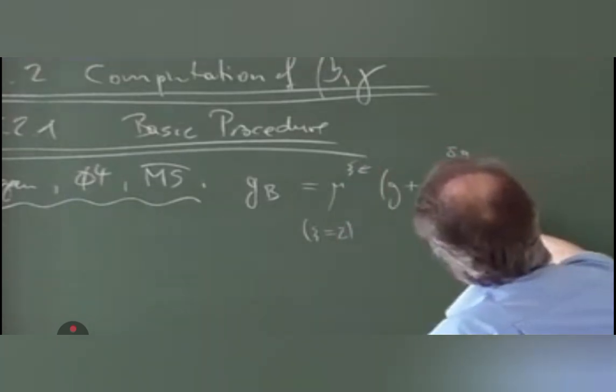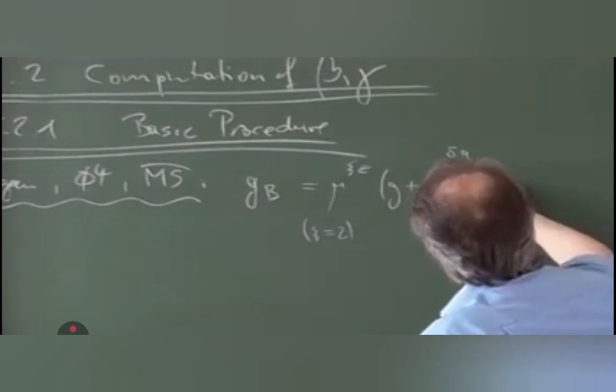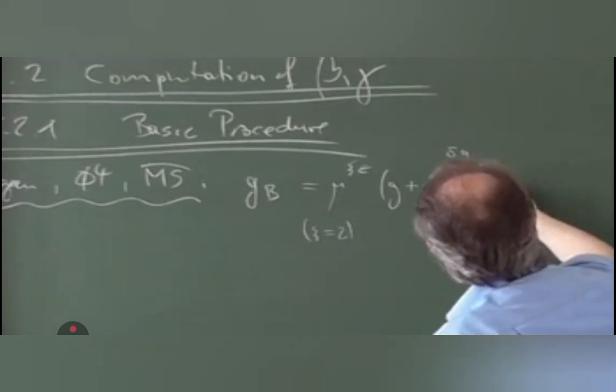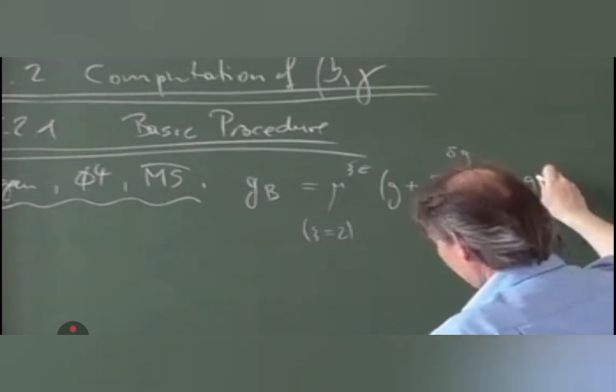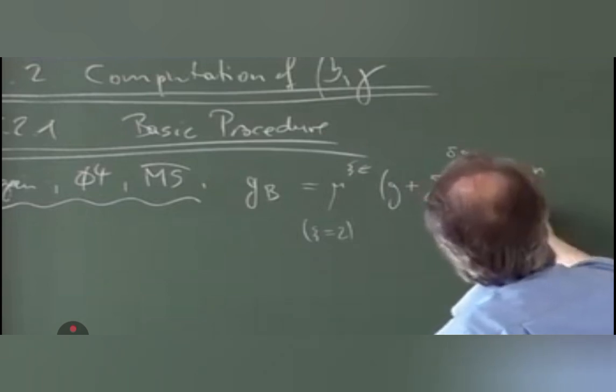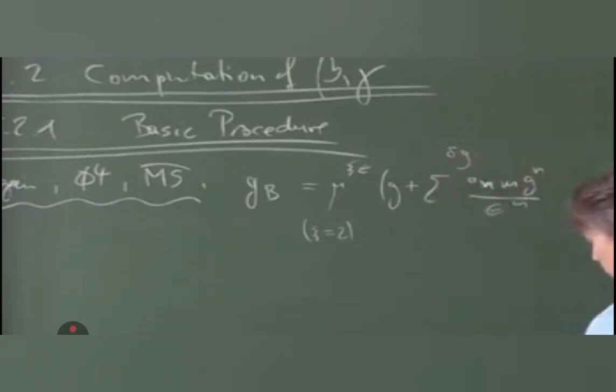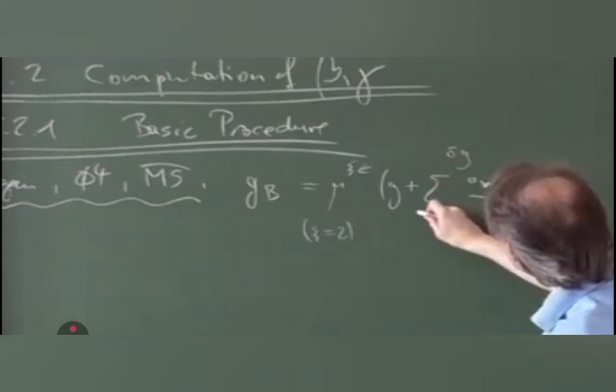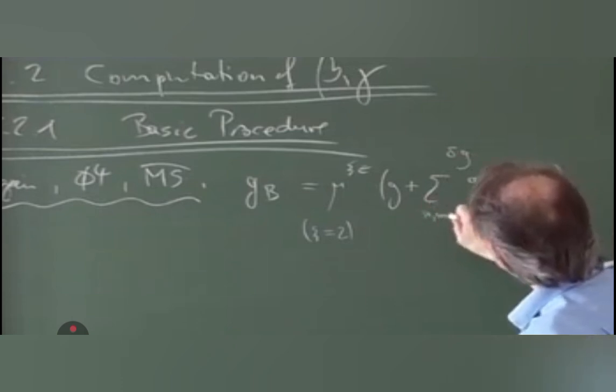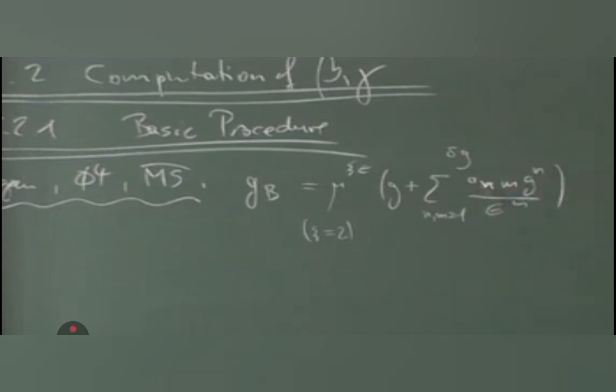So it is a power series of the form a_nm g to the power n divided by epsilon to the power m, and n and m are bigger or equal than 1.